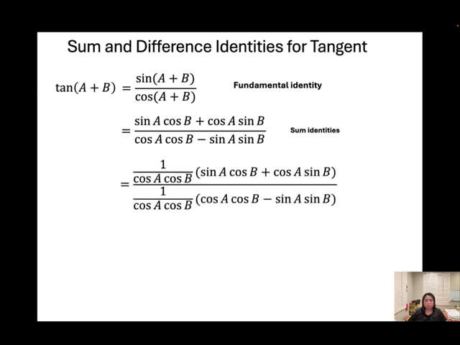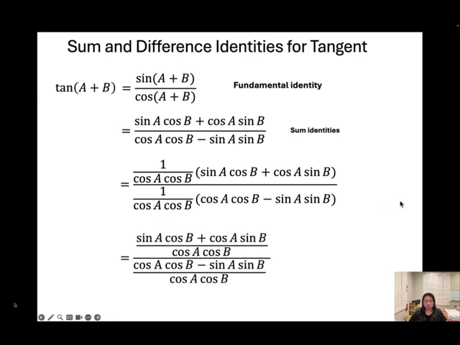Now we're going to multiply by 1 over cosine A cosine B in the numerator and also in the denominator. So sine A cosine B plus cosine A sine B times 1 over cosine A cosine B goes on the top, and the same idea for the denominator.